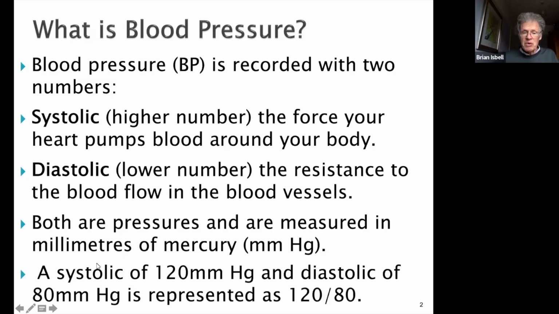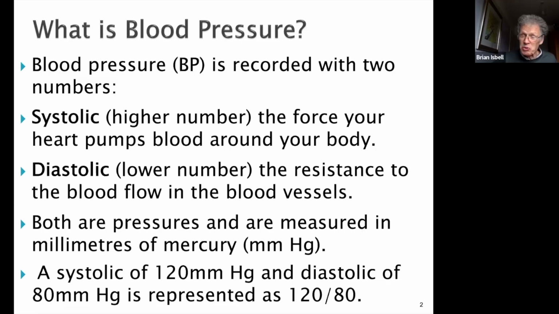So, for example, if we look at a systolic of 120 millimeters of mercury and a diastolic of 80 millimeters of mercury, this is represented by a number that you may be familiar with and may have heard of, a ratio of 120 to 80, which sometimes is referred to as being a normal blood pressure.